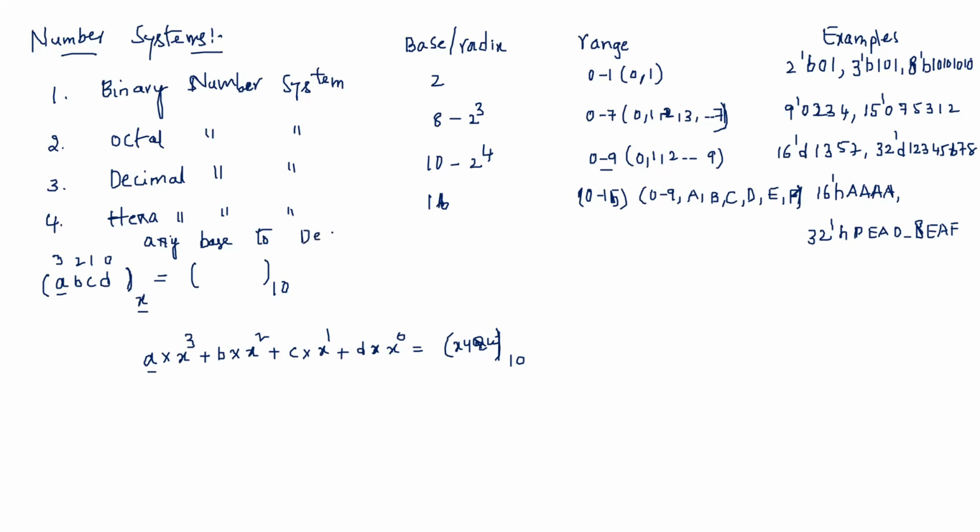When do we need this in the real-time industry? Some protocols are there, and in those protocols they will give you the start address like 1 0 A 1 C 1 F 2, or some 0x 1 F F C. In this way they will give the start address.